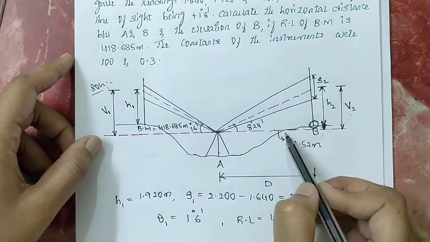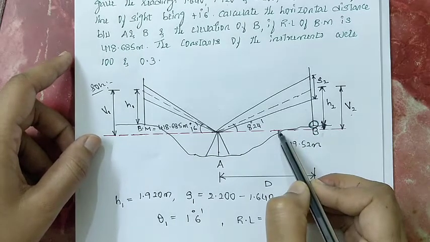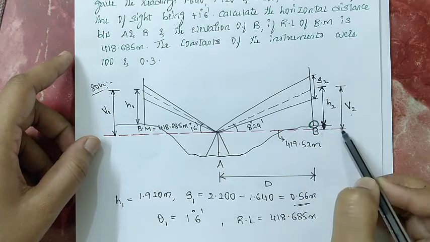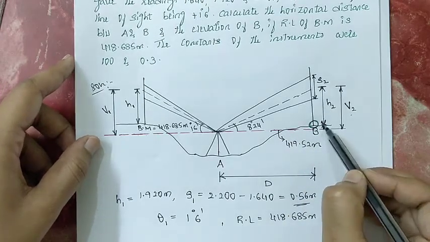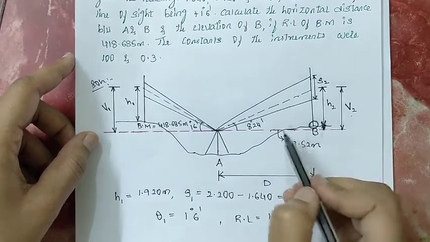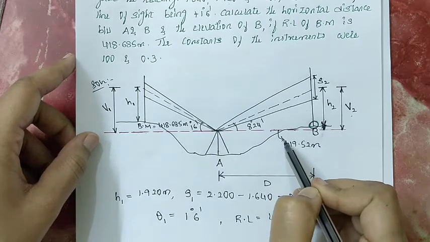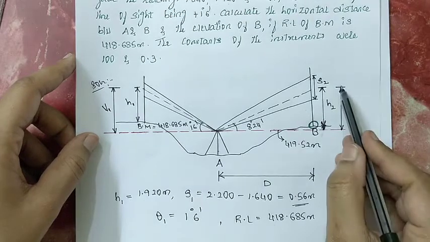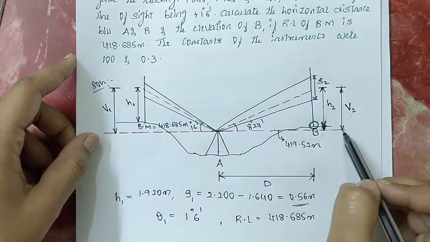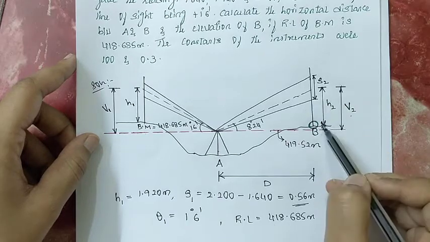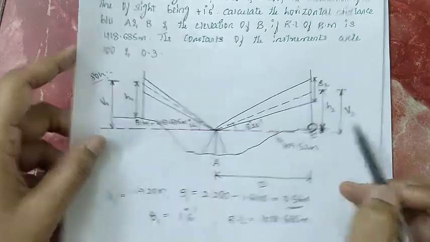It is RL of instrumental axis plus V2 minus H2. I will repeat it: RL of instrumental axis plus V2 minus H2. You add V2, and from that you subtract H2, and you will get the RL of B.